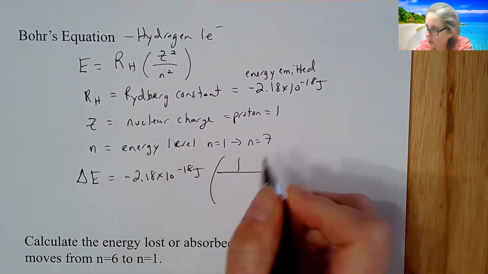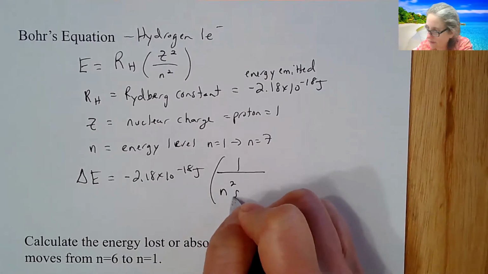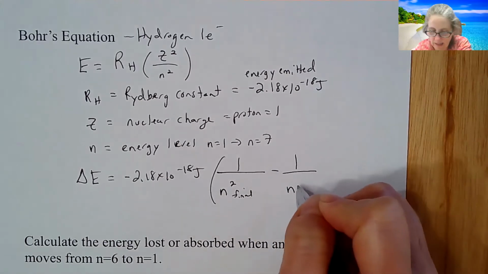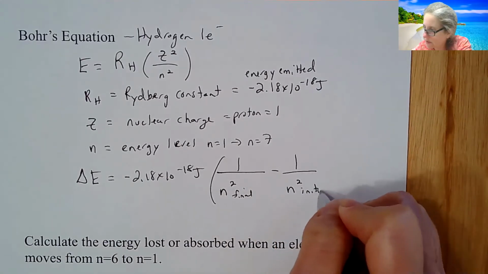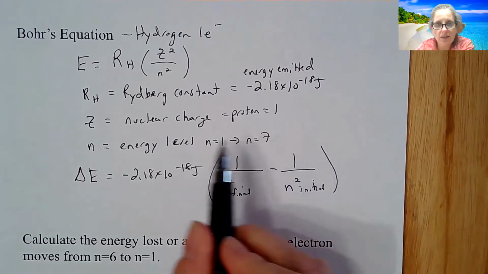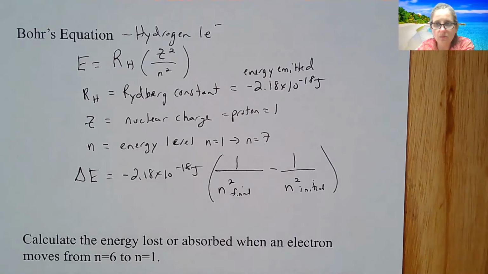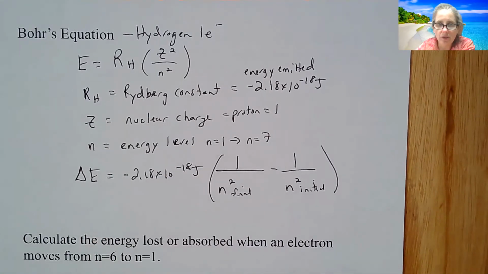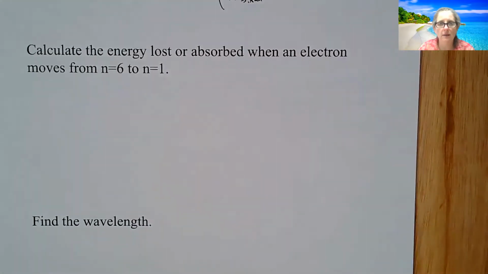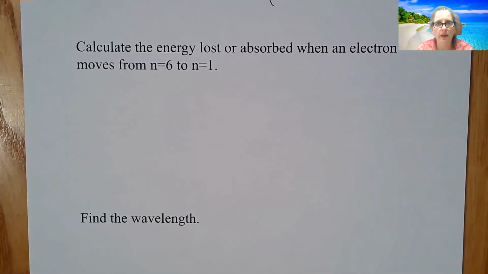And you do 1 over n squared, the final, where the electron finally lays, versus where it started initially squared. So this is going to be the Bohr equation that you're going to use most often, rather than calculating each individual energy level. So let me show you how you're going to do that with this next calculation, okay?